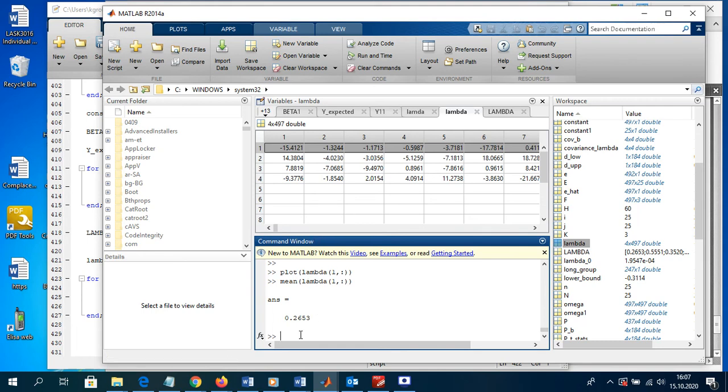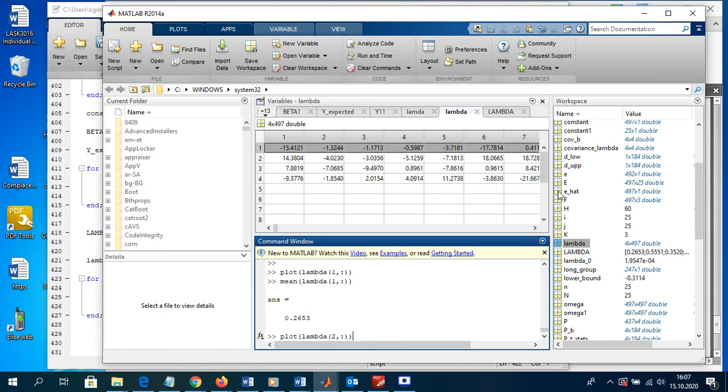So if you want to see the risk premium that is related to the market factor across time, we can plot lambda 2.